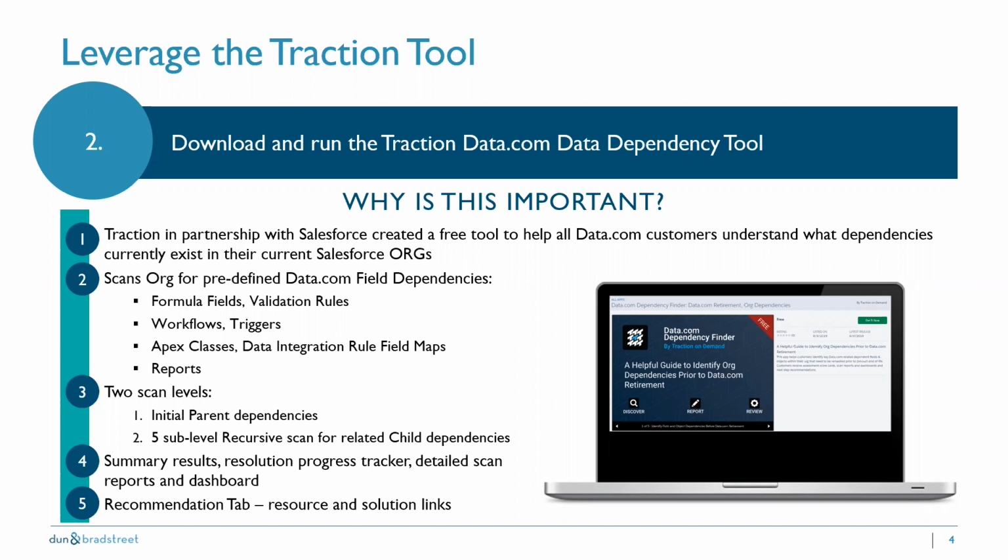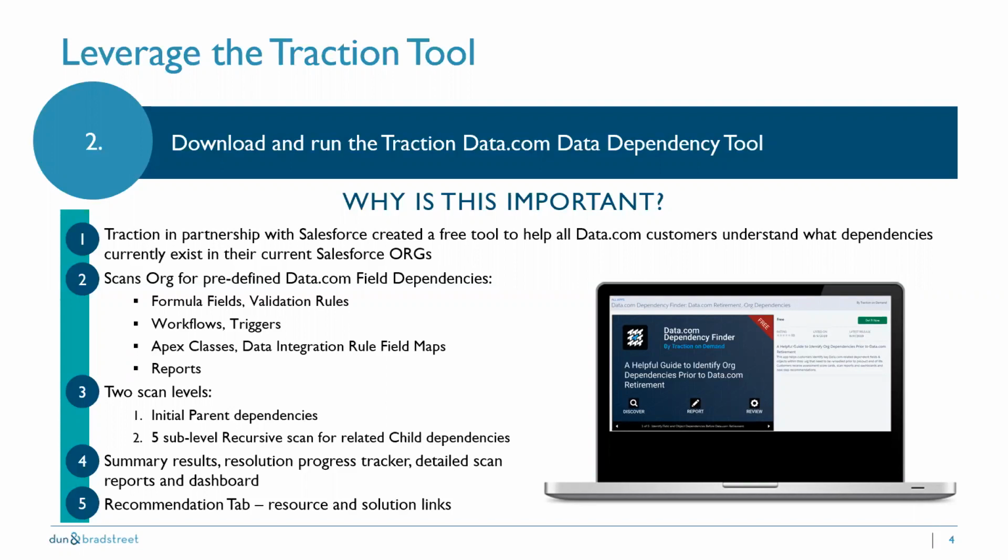That tool is called the data.com Dependency Finder tool. It's a free application on the AppExchange, and it was designed by Traction with Salesforce's blessing to really go in and explore all the metadata associated with data.com.